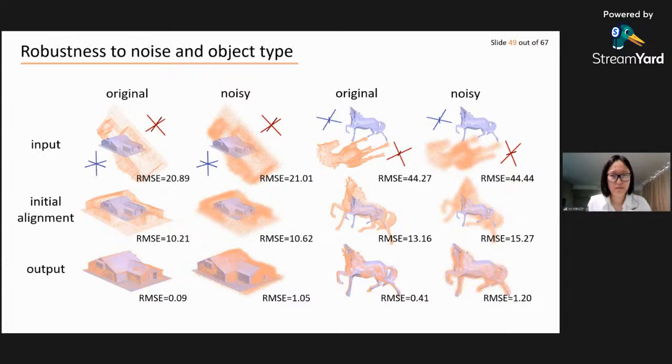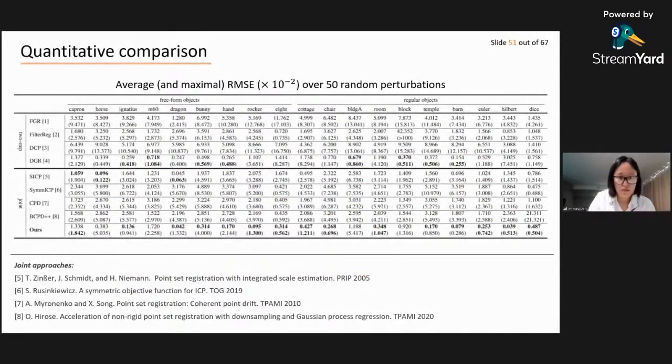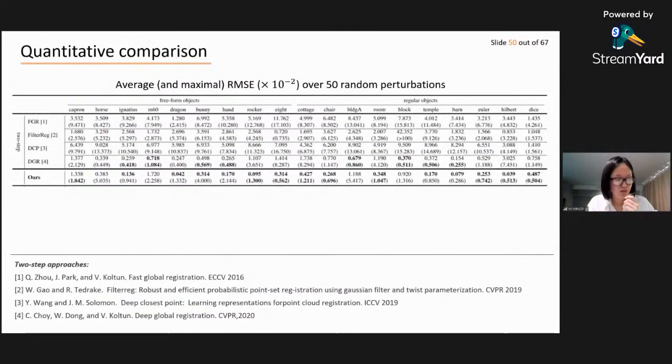Just a side note, it's what I discovered in comparing deep learning methods for the registration problem. I compared two deep learning methods.